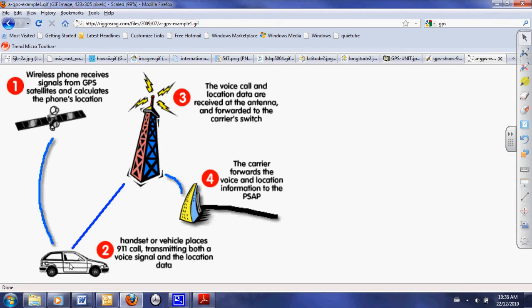The car or truck then sends the signal to a tower, and then that signal via a voice call or whatever is then sent to your carrier. Now your carrier could be OnStar, which we have in our truck, or it could be a cell phone provider such as Bell, Rogers, TELUS, and then that's how they find your location.